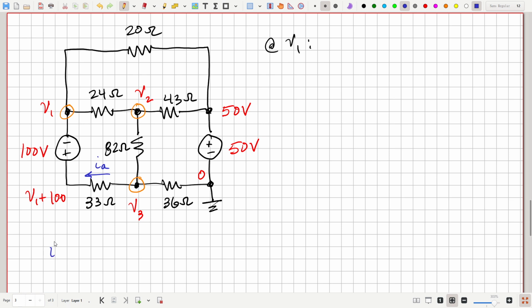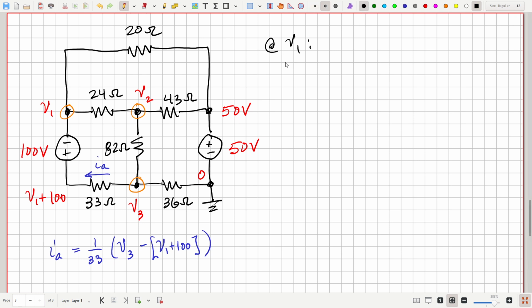And notice we can write that IA would be 1 over 33 times V3 minus the quantity V1 plus 100. So we have a formula for that current, and that's the current that flows through that voltage source. So we don't have the problem of the unknown current through a voltage source anymore.